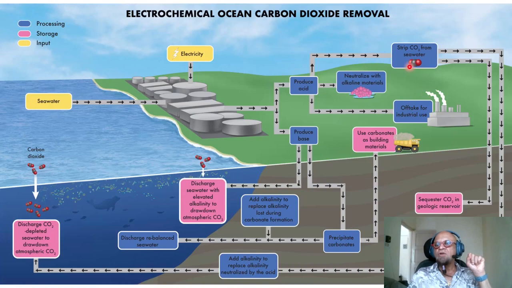Okay, so you also strip CO2 from the seawater and sequester CO2 in the geologic reservoirs, and the precipitated carbonates are taken up as building materials. Cement production uses massive amounts of calcium carbonates, the clinker process, which is very energy intensive, but that's a different problem.